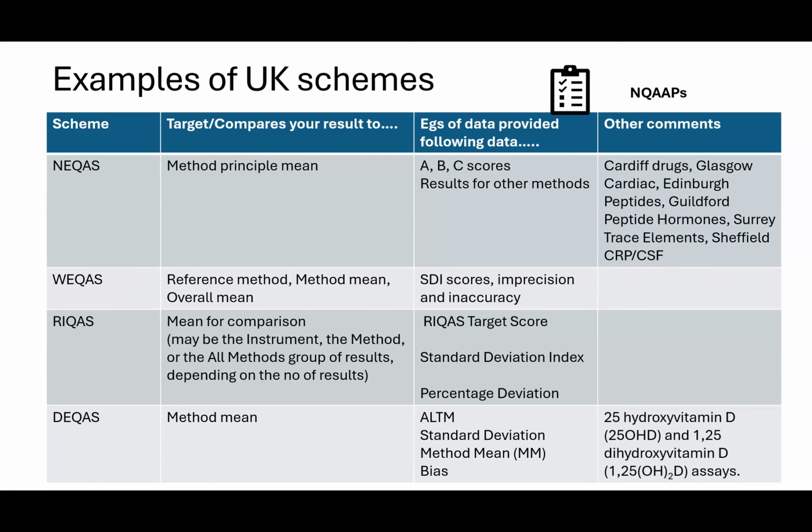And then the other key point about this is that there are these things called National Quality Assurance Advisory Panels, and they have responsibility for monitoring EQA schemes in each of the disciplines of pathology, and through them, the performance of UK laboratories participating in those schemes. So, for example, if you're having consistently poor performance, then there are other agencies that may get involved because of that through the EQA scheme.